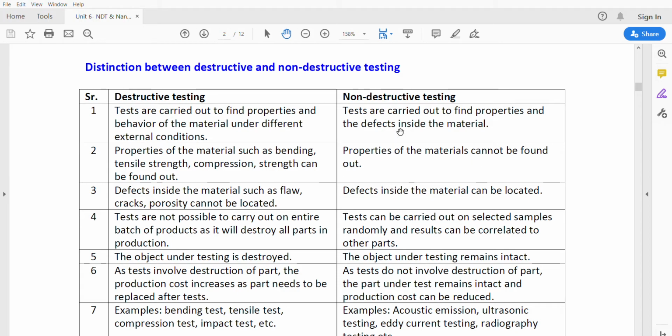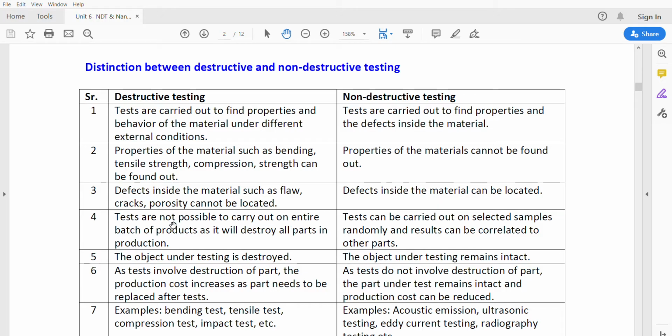We can identify only the flaws, breakages, cracks, or cavities present in the materials. In destructive testing, we cannot exactly locate the flaws, cracks, or cavities, whereas here they can be easily identified.